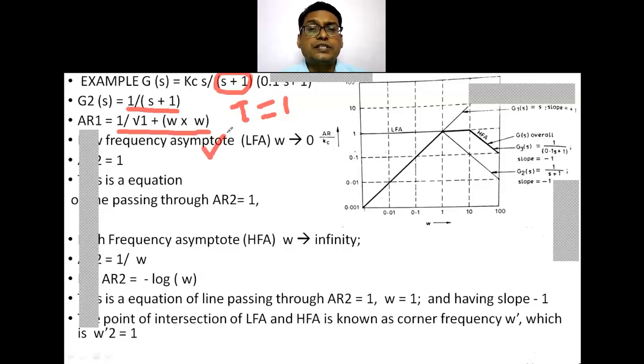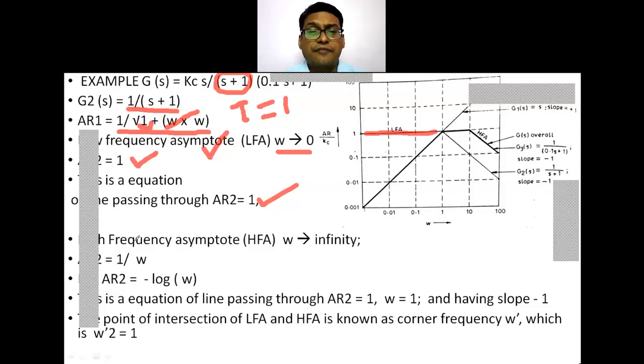For the low frequency asymptote, omega tends to 0. Substituting 0 here, the remaining will be only under root of 1, so 1 upon under root of 1 is nothing but 1. So this is the equation of the line passing through amplitude ratio equal to 1, the low frequency asymptote.